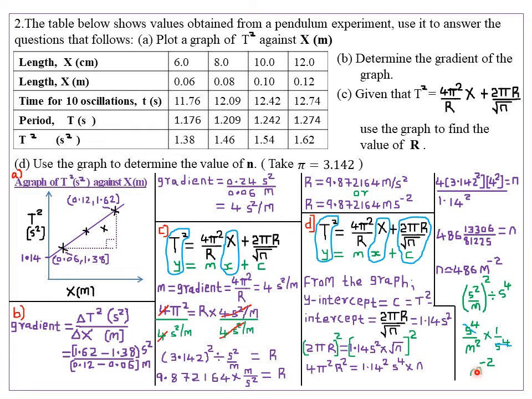So in short, Galileo Galilei led to the discovery that the periodic time does not depend on the mass of the object that is swinging, but instead depends only on the length of the pendulum L and the acceleration due to gravity.